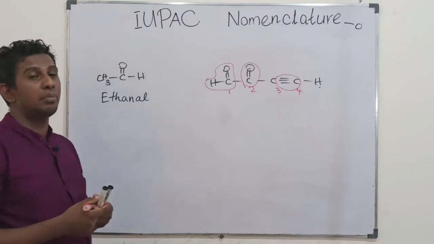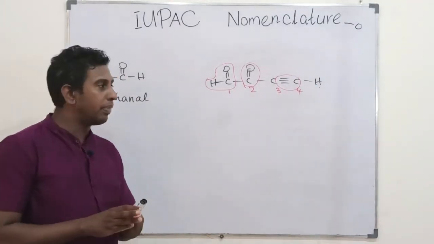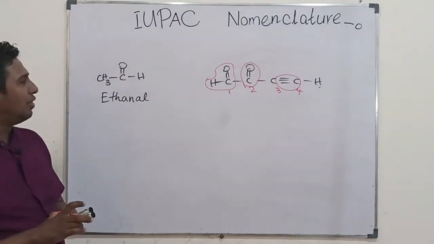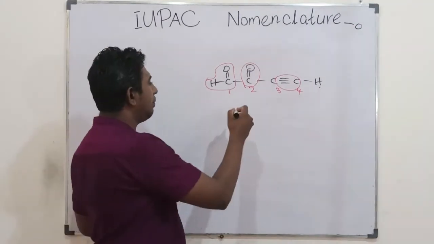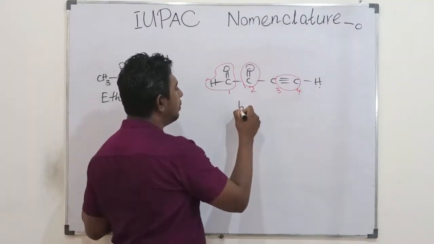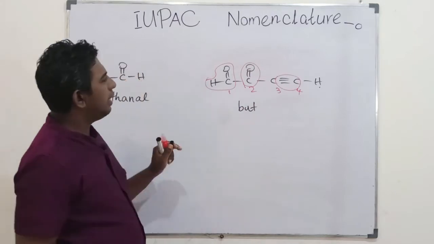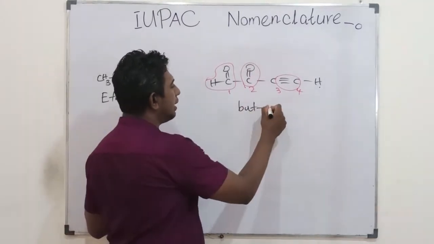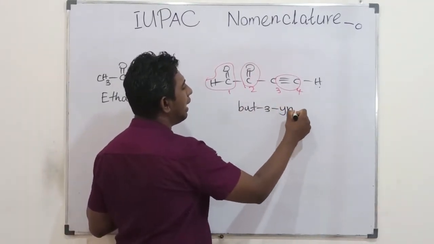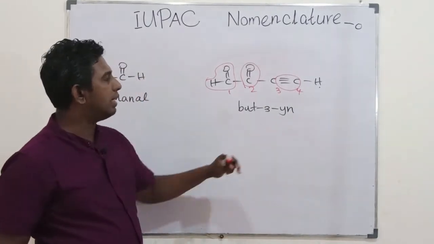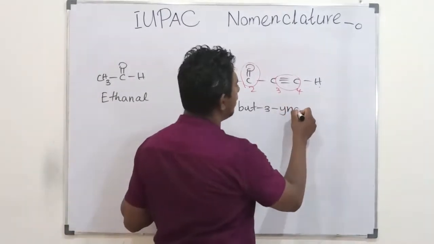The numbering has to be so, and that is the main chain. So students, you have 4 carbon in the chain. It's but. Then you have on the third carbon an alkyne, yne. We cut the vowel sound E. Then we add the sound al.